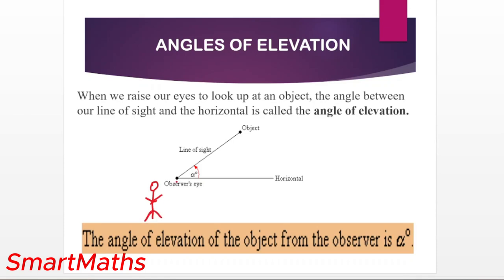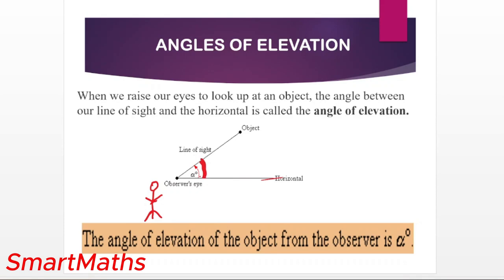When the boy is looking straight, that is the essence of this horizontal line. But if the boy wanted to look at an object at the top of a building, the boy will have to raise his head up. The difference between when the boy is looking straight, that is the horizontal level, and the line of sight to the object is what is referred to as what? Angles of what? Elevation.